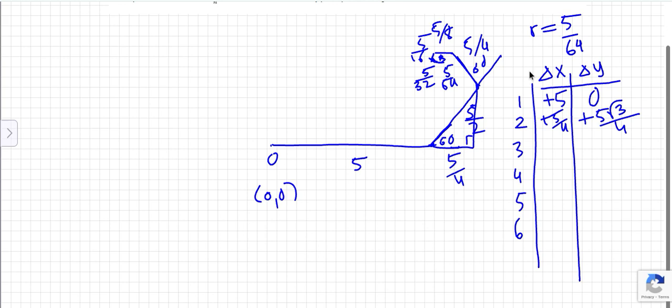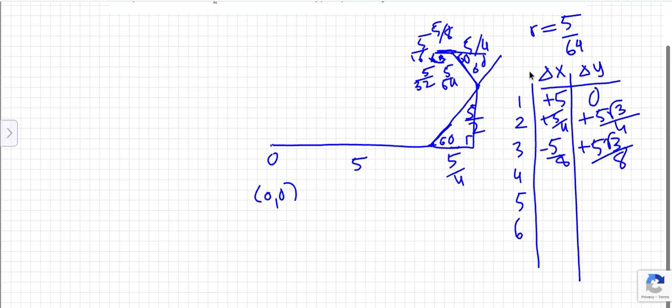And we continue on with this. Now here we have that our hypotenuse is 5 over 4. But then this is 60 degrees here. So that means that the x value is going to change by half of 5 over 4 in the minus direction. So that would be minus 5 over 8. And then our y value will be times square root of 3 of that, but it's still going up. So that means that will be plus 5 square root of 3 over 8.